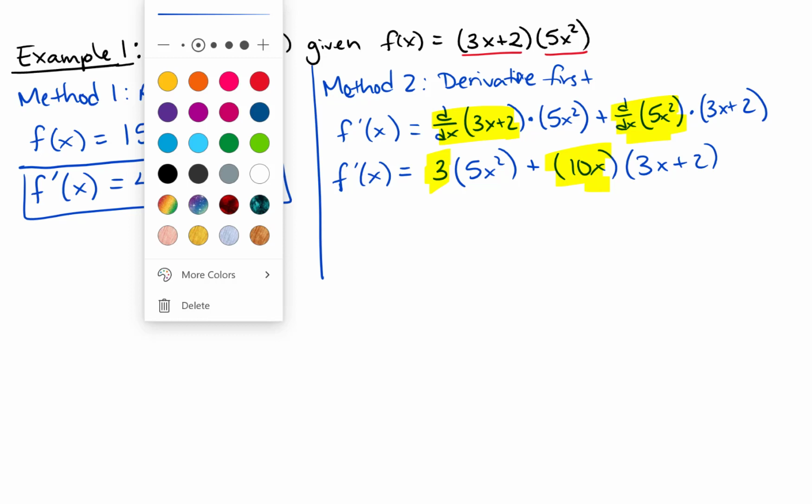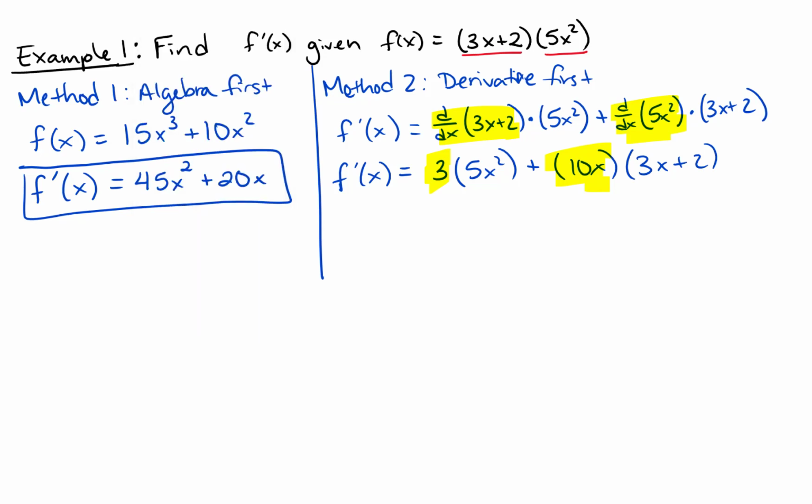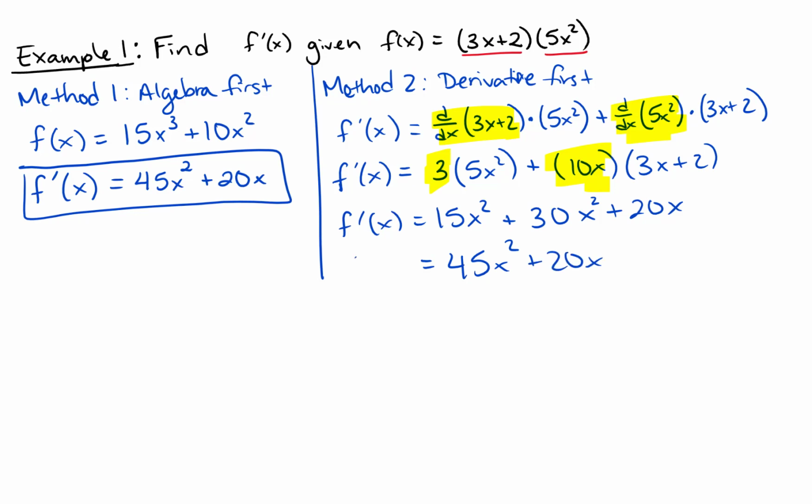Now I'm done taking derivatives, and I just need to simplify. So multiplying, I have 15x squared plus, distribute the 10x, 30x squared plus 20x, and combine like terms to get 45x squared plus 20x.